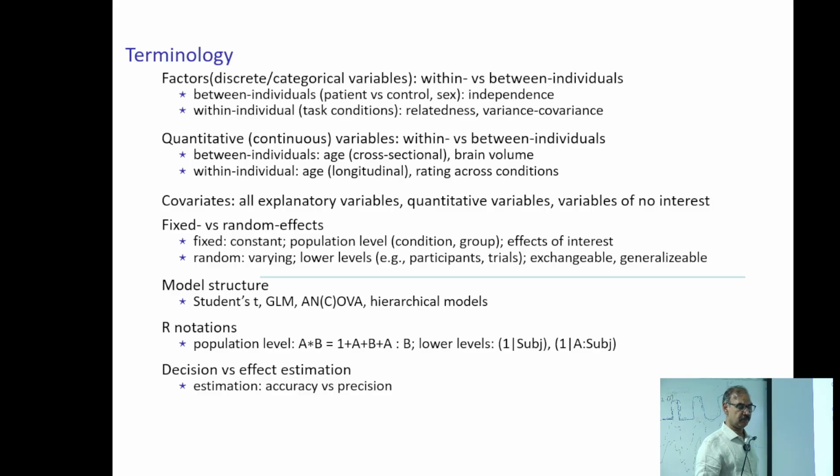And then, as I said, for model structure, a t-test is used, or ANOVA is used, as well as other hierarchical models like Bayesian and other models which are used now. Right? And as we use different methods, there is always this issue about accuracy versus precision, like type 1, type 2 error.